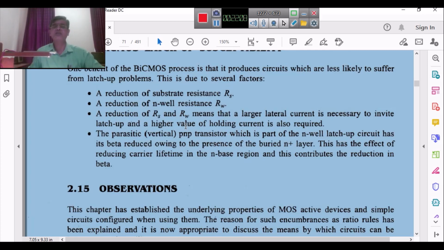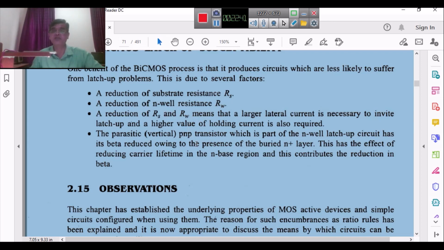In that case there are parasitic elements being introduced, one of which is called the buried subcollector. The resistance is very small, and because of that reduction in Rs and Rw, a larger lateral current is necessary for the latchup to occur. The same thing as the previous. So higher holding current means latchup is avoided by reducing Rs and Rw in BiCMOS. How do we reduce it? By using the buried subcollector.